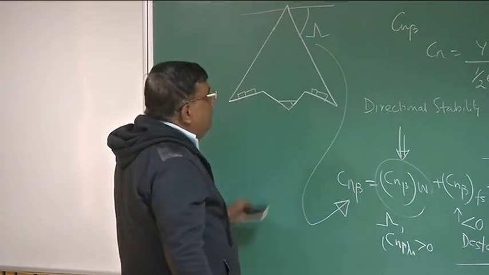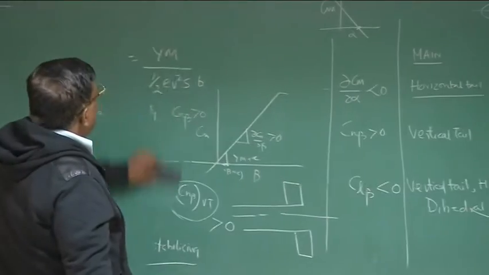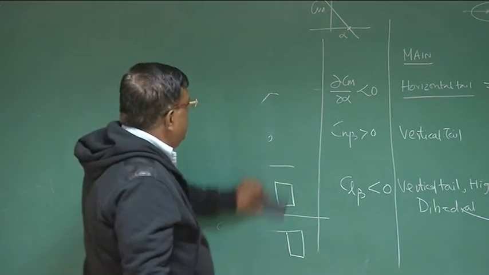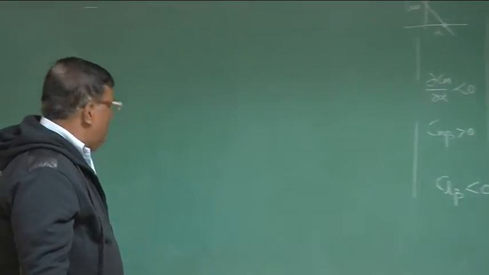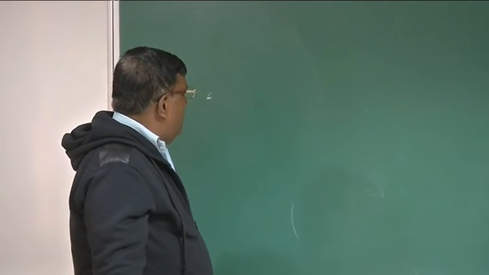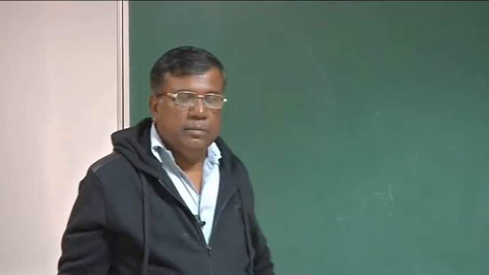Okay, this we have done, and why have we done all these things? That is the question. First of all, our final aim is to check whether the airplane we are discussing is dynamically stable or not. That's why we started with static stability.